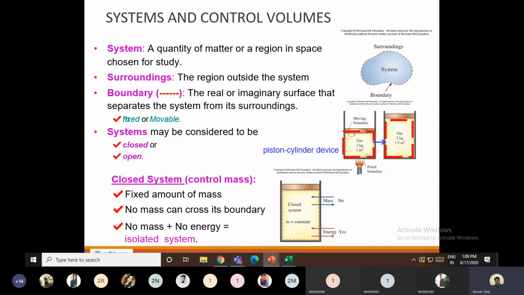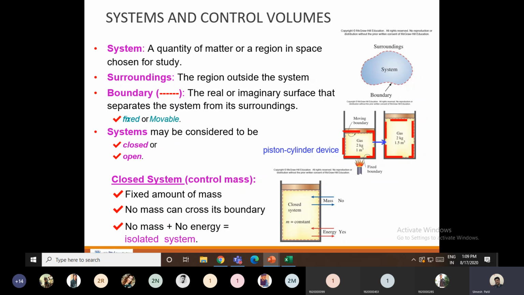Okay. So again, that boundary may be fixed or it may be movable. If you take the example of an internal combustion engine, the boundary is movable. The piston head is one of the boundaries of the internal combustion engine. If you want to analyze the internal combustion engine, or an engine of a car or motorcycle, then that piston is movable.